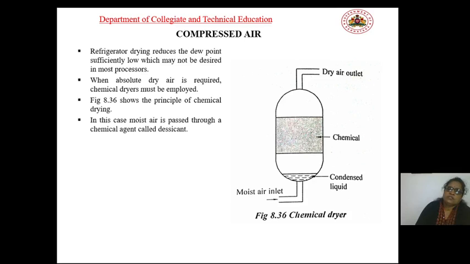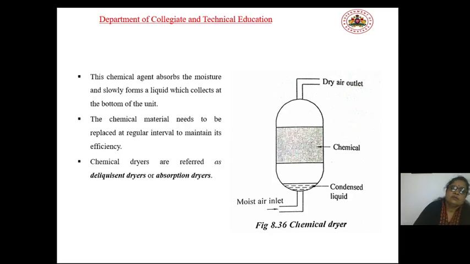The figure shows one such chemical dryer, and also the working principle of drying the air. The chemical agent here absorbs the moisture and slowly forms a liquid which collects at the bottom of the unit. The chemical material needs to be replaced at regular intervals to maintain its efficiency.